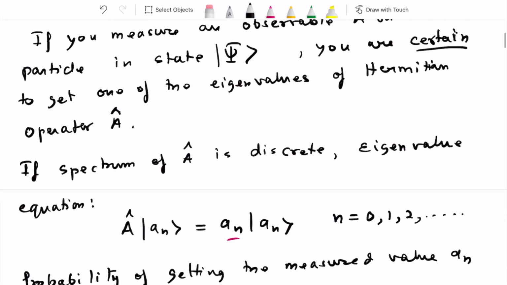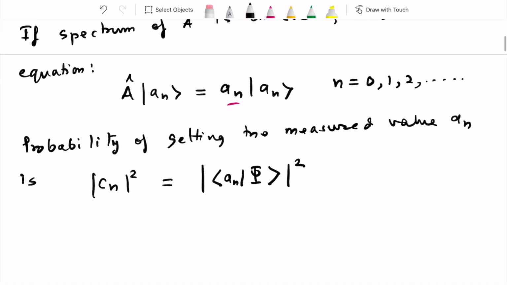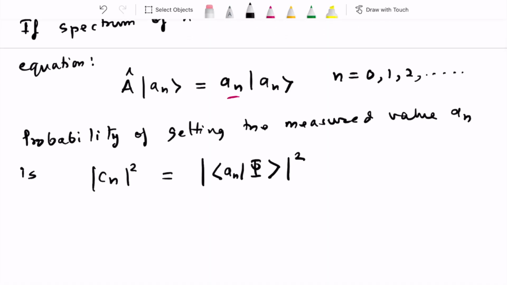So the particle is in a state psi in general, and you know the eigenstates of this particular operator A. According to the general statistical interpretation, when you make a measurement, you will find the particle in one of these eigenstates. That's called the collapse of the wave function. The wave function is going to collapse and you'll find the particle in one of these eigenstates, and you're going to measure the eigenvalue a_n.